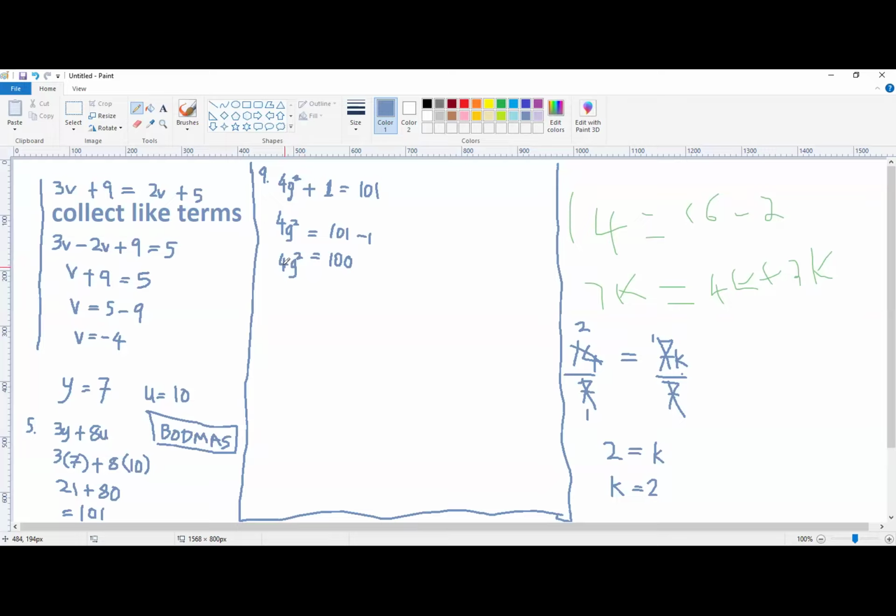What you could do is divide that number by the original number, which is 4. 100 divided by 4 is 25, and 5 times 5 is 25. So the answer would be 4 times 5 times 5.